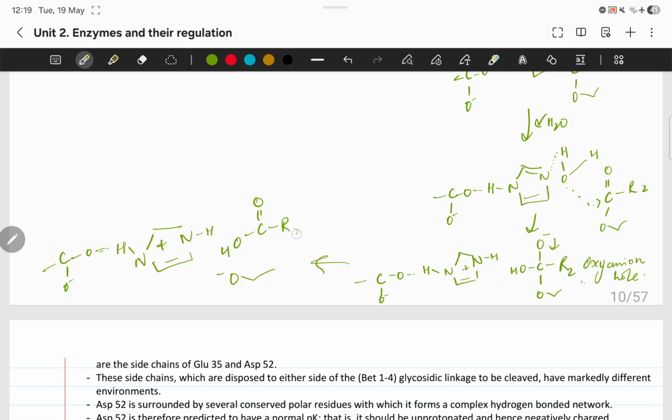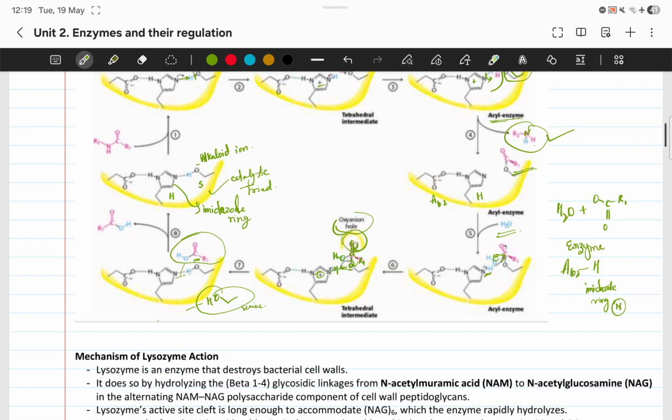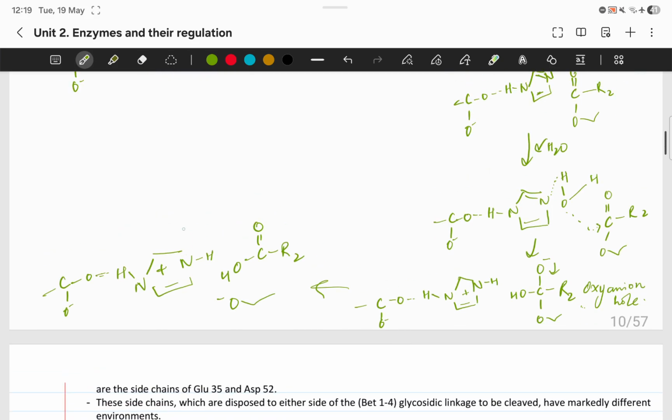Okay, and it is R2. Okay, so next step will be, we have removed this. Okay, and now this will come back to our dear H C O minus O dot dot H N.